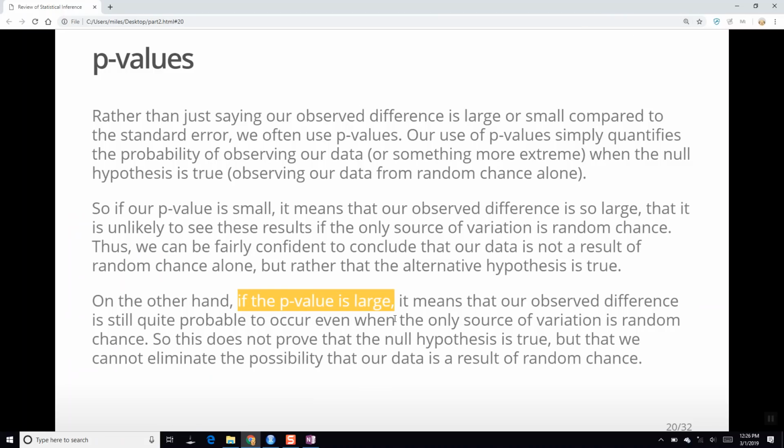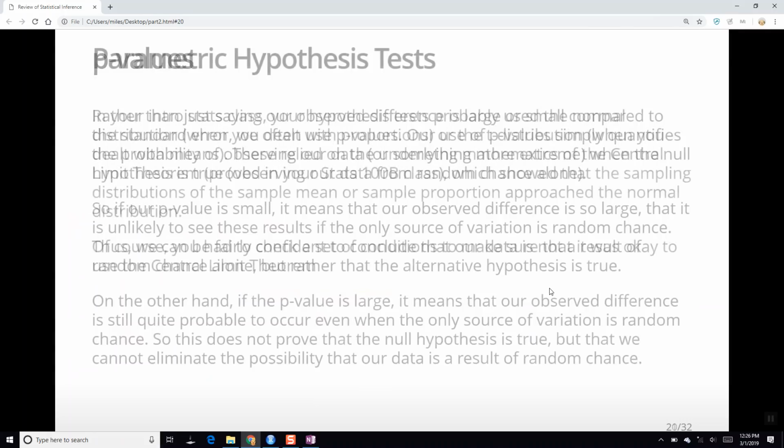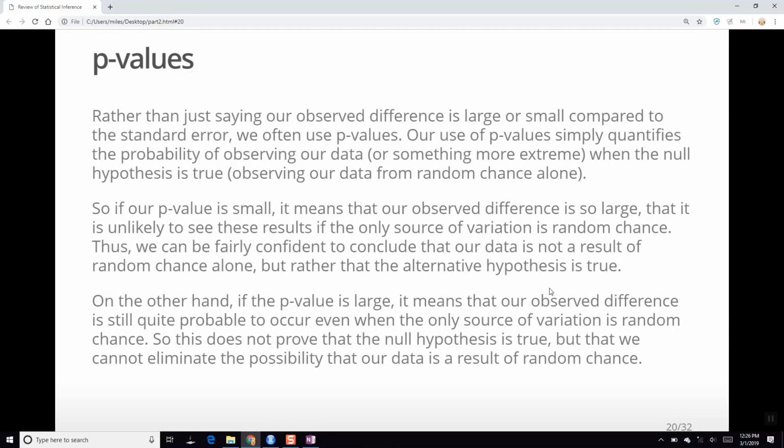It's kind of like if somebody were to flip a coin 10 times, and it lands heads 7 times out of 10.